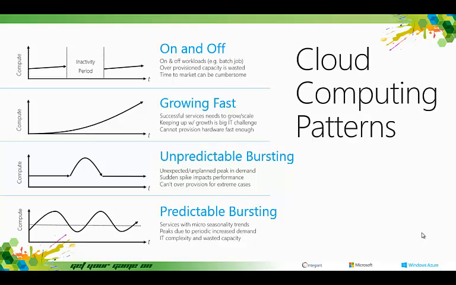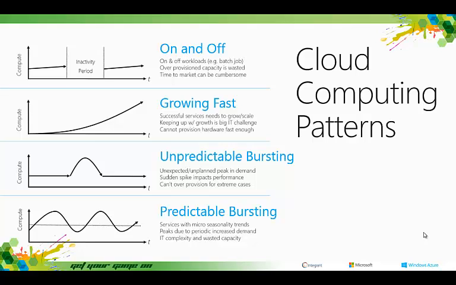The unpredictable burst is even worse, right? I have some press about my product or something, and I get a big burst of activity against my site. Didn't know it was going to happen, and I'm either having to over-allocate or under-allocate for that. And then finally, there's the predictable one, which is very similar to the on-off. It's just where you know you're going to have troughs, but you have to allocate resources for the high watermarks.